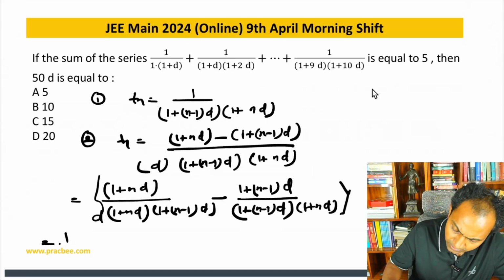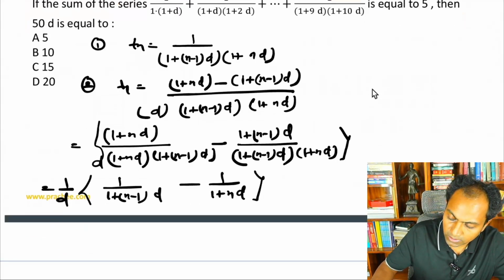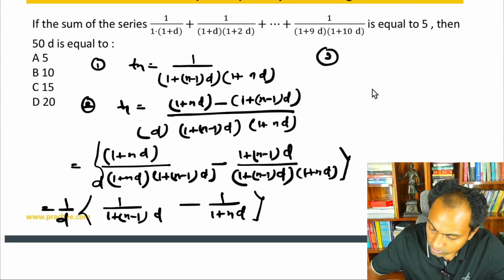And if I simplify, 1 by d will simplify itself to 1 plus n minus 1 into d minus 1 upon 1 plus nd. Once you have got this, there is a step 3 that talks about rewriting the series.